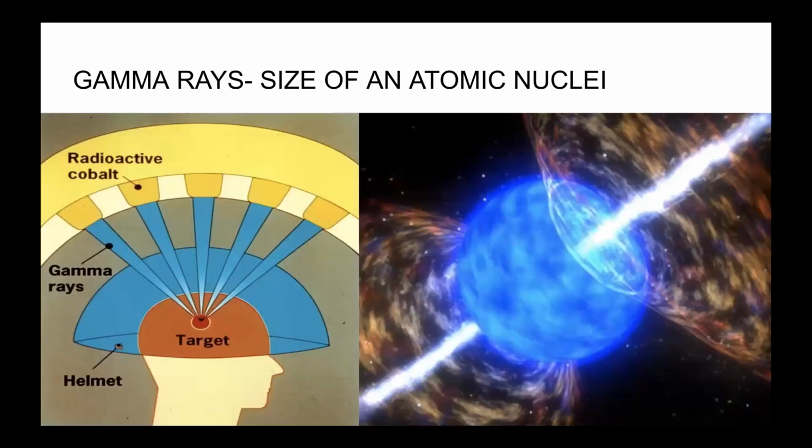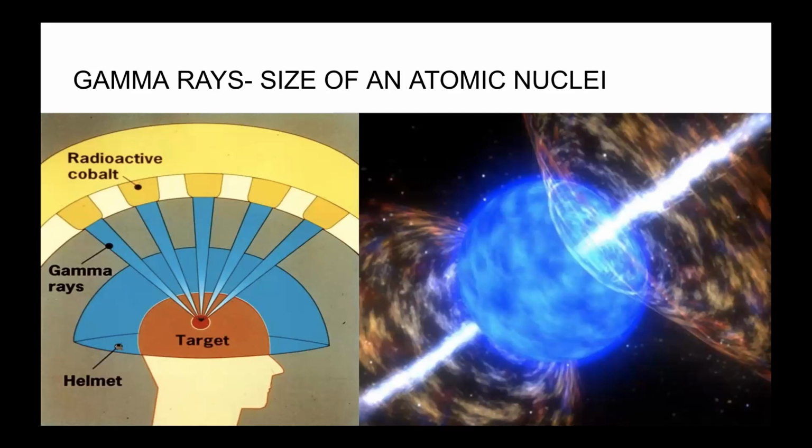So let's start off by talking about gamma rays. These are created and emitted from the core of our sun. The wavelength is very fast and very tiny. They're about the size of the nucleus of an atom. And how do they affect humans?